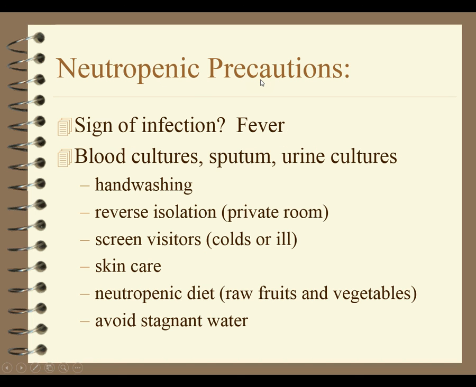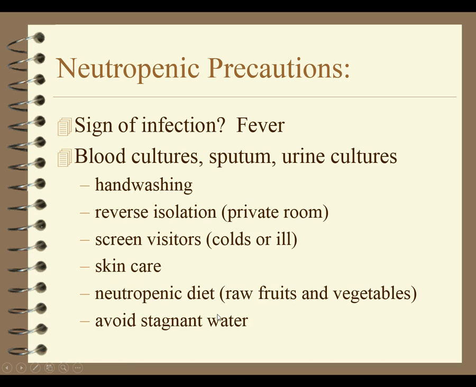What were neutropenic precautions? Remember, know your signs of infection. With their immune system's way down, when I say fever, I'm talking about 100.6 or higher. That is considered a high fever for a neutropenic patient. They're going to be getting blood cultures, sputum, and urine cultures. You want good hand washing, reverse isolation in a private room, and screening the visitors for colds and illnesses.